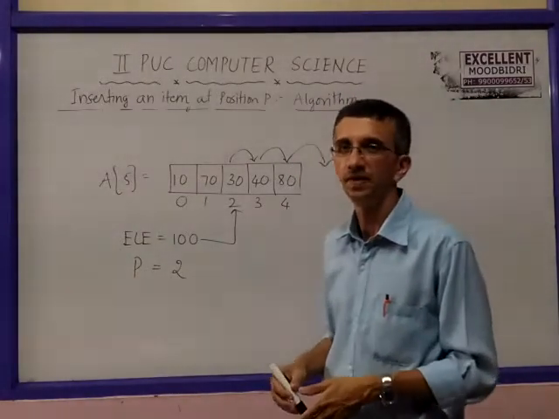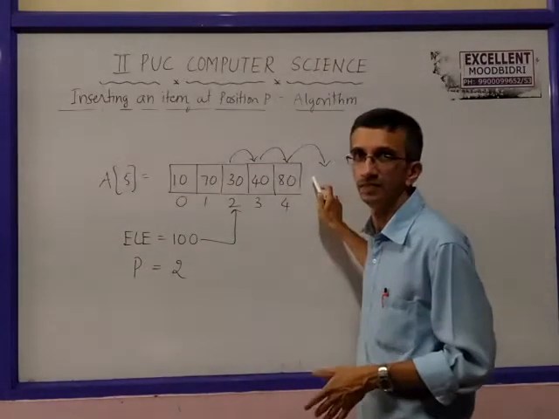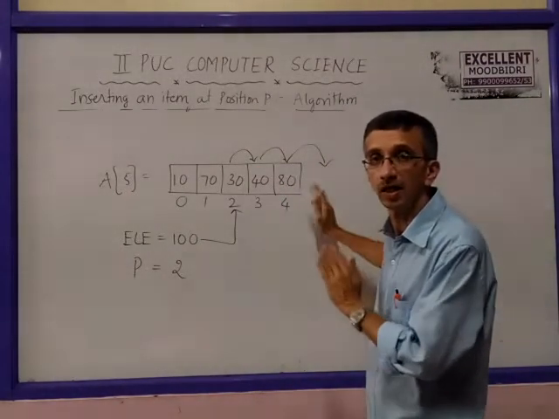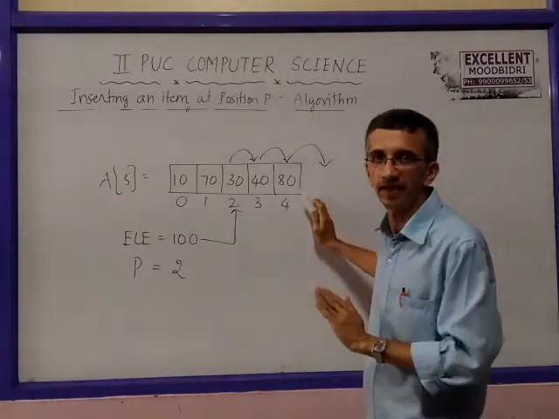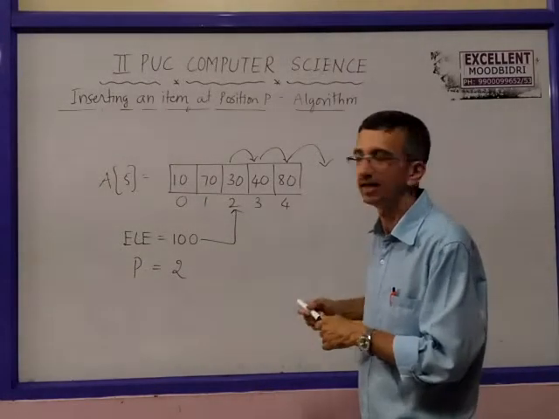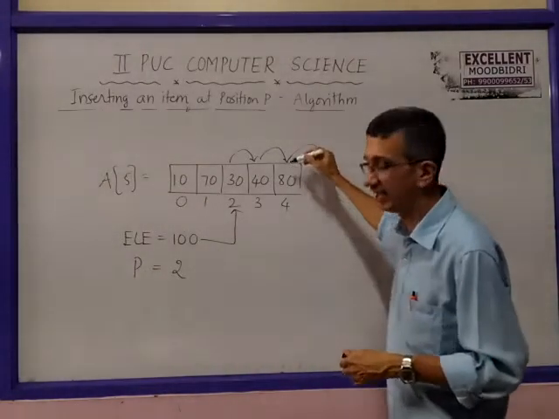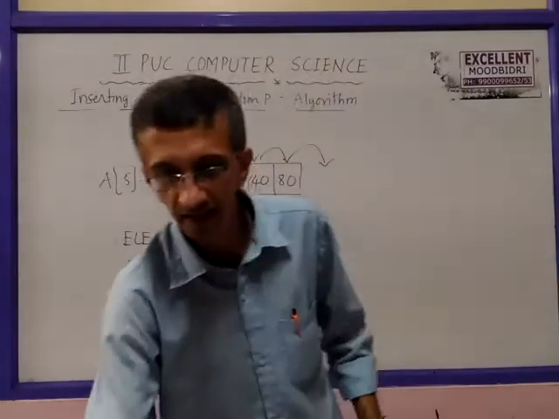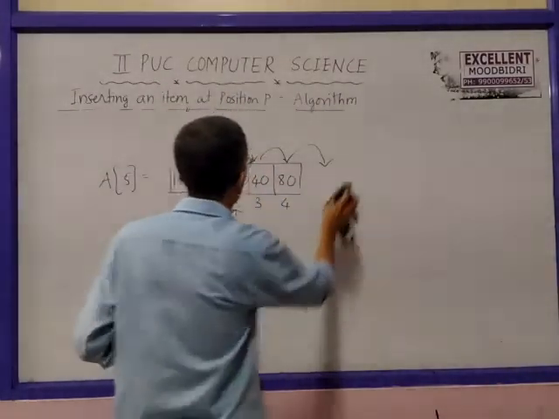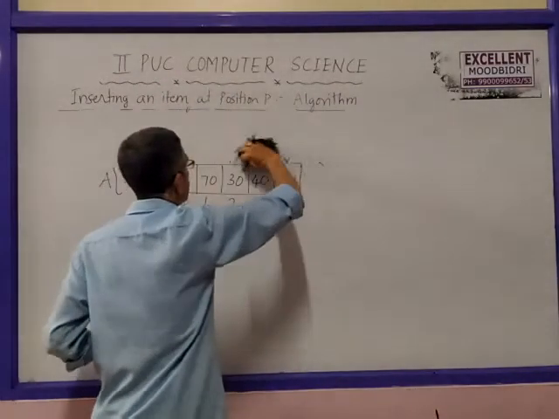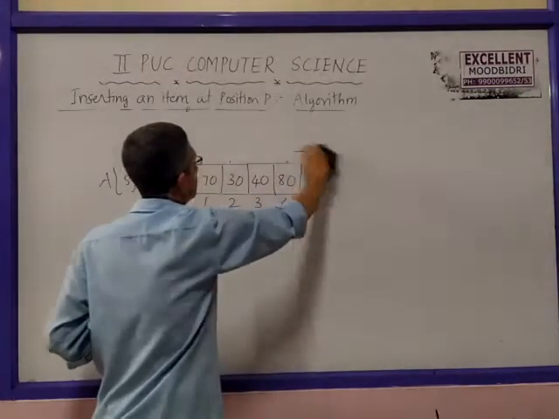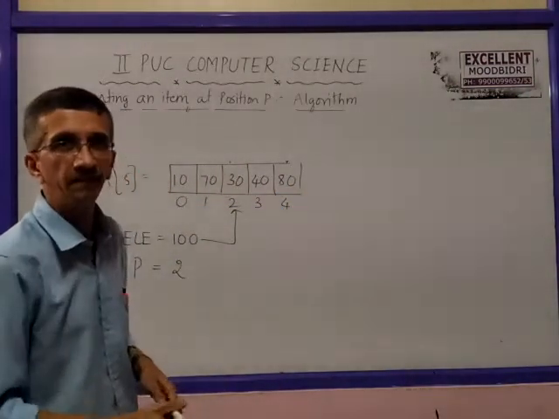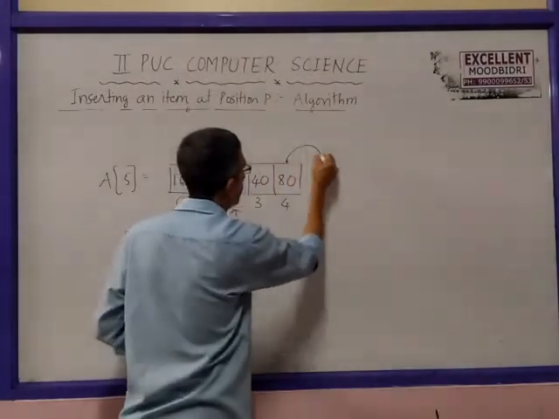For that, the shifting operation to the higher order must start from the last item of the array. What is that? First shift 80 to the next higher location. Start shifting not from the given position but from the last position of the array. Copy 80 to the next location.